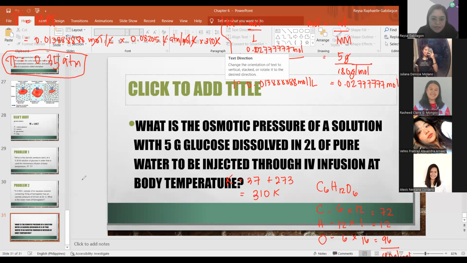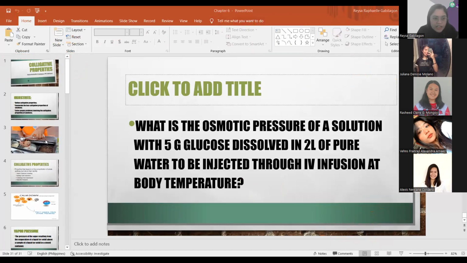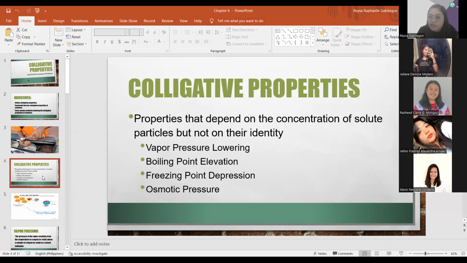So sige, let's summarize our colligative properties. I'll repeat this: when we say colligative properties, these are the properties of the solution that are dependent on the amount of solute. So if the amount of solute changes, these properties change. Class, we only have 4 colligative properties. Number 1, vapor pressure lowering. If you add solute to a solution, it will lower the vapor pressure.